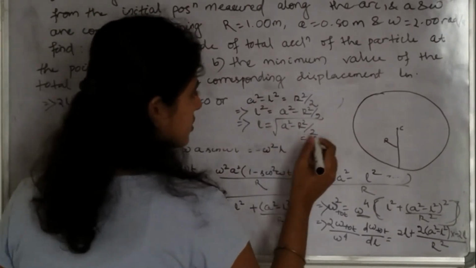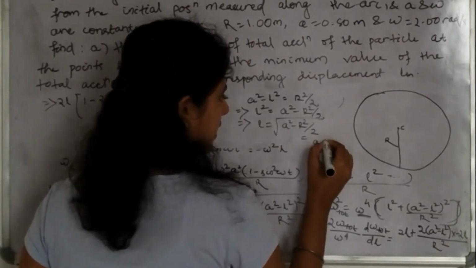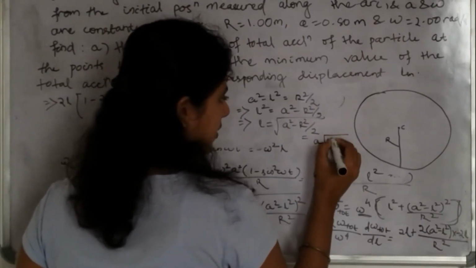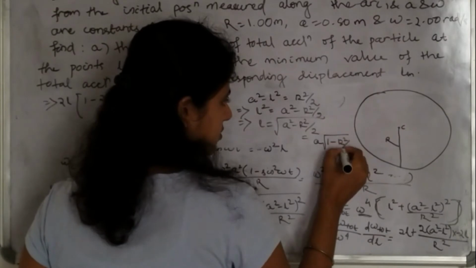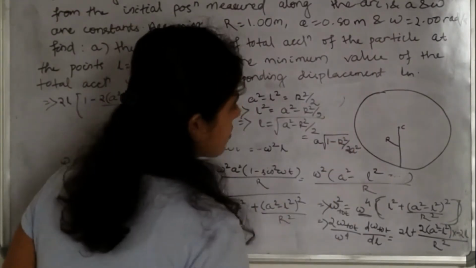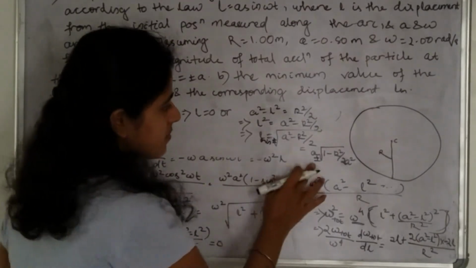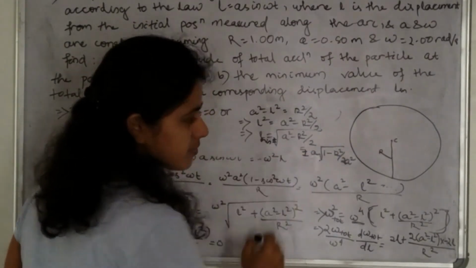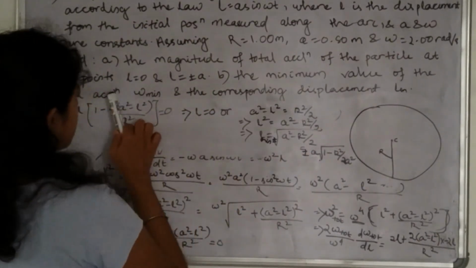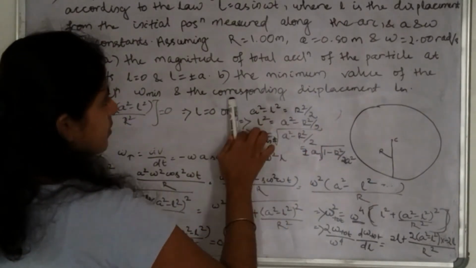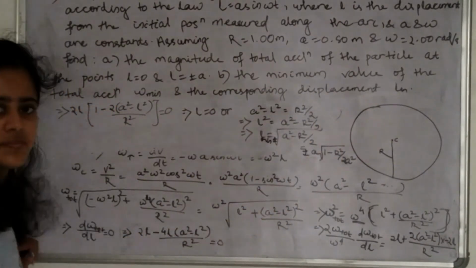So this will be how much? If we take A outside, then this will be 1 minus R square divided by 2 square. So this will be plus or minus and this will also be plus or minus. So we have got here the minimum value of displacement Lm.